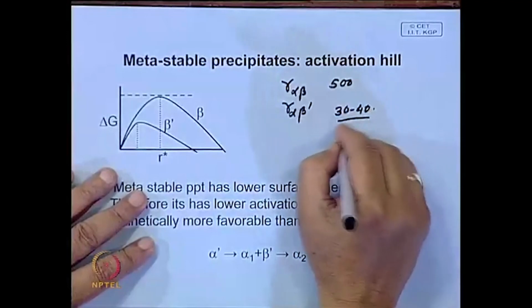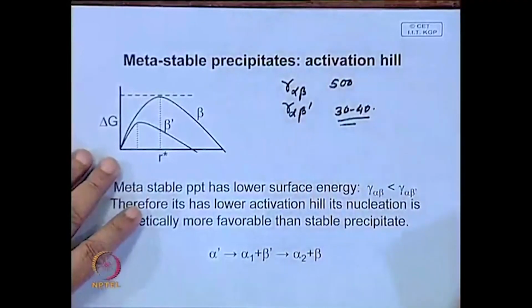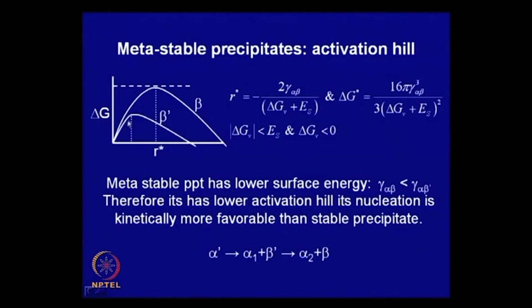So, what you get immediately is that the critical nucleus size becomes smaller, and the activation hill which it has to overcome, this term will dominate, so it also will be lower.